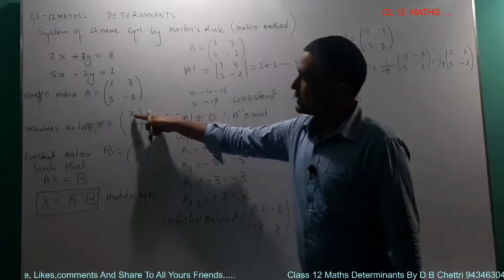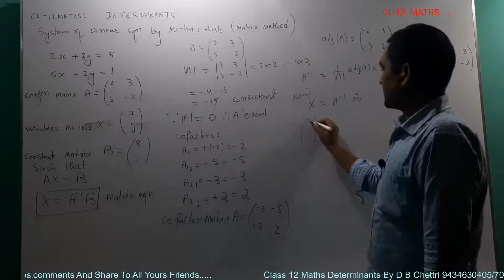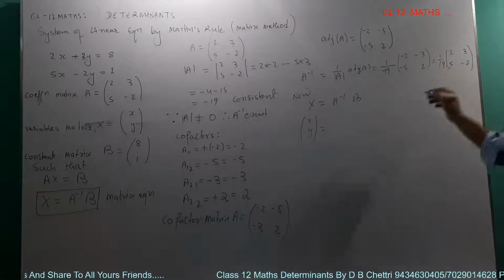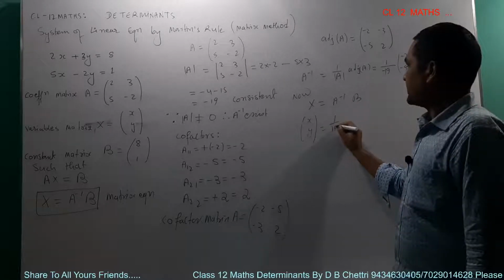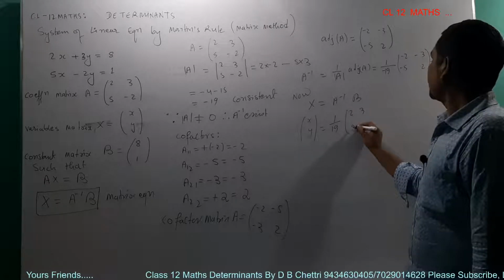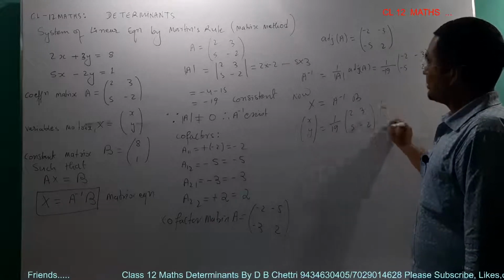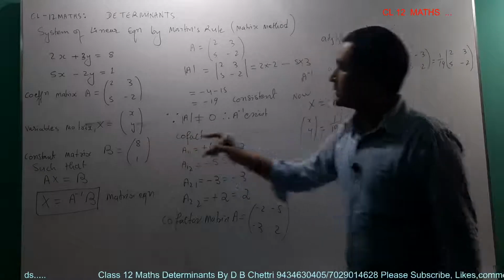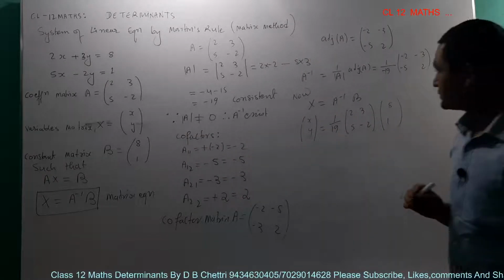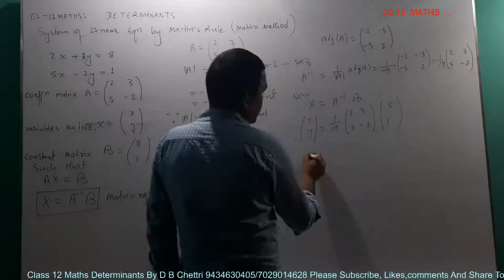Matrix X means x y, then A inverse means 1 by 19, then 2 3 5 minus 2, then B is 8 1.